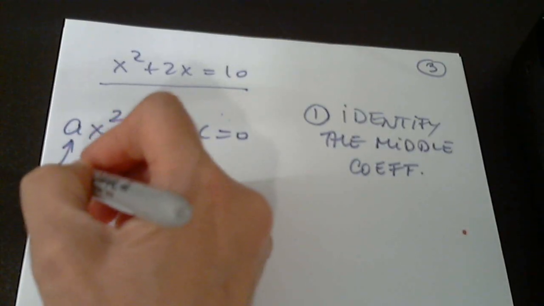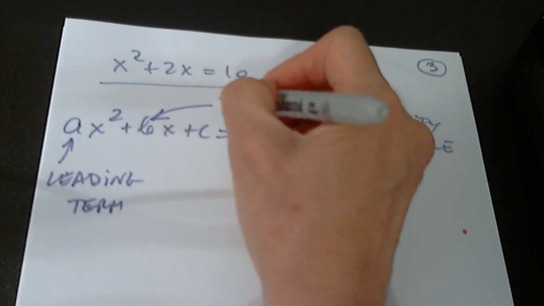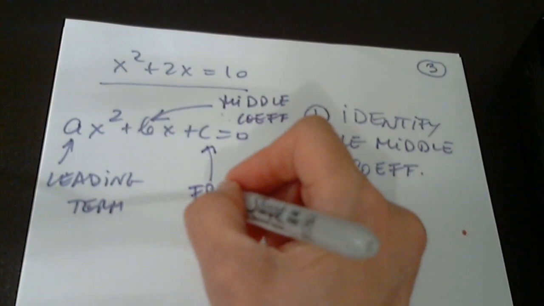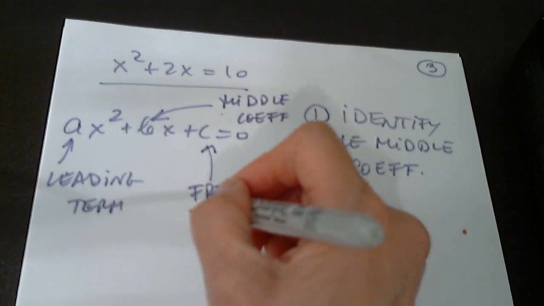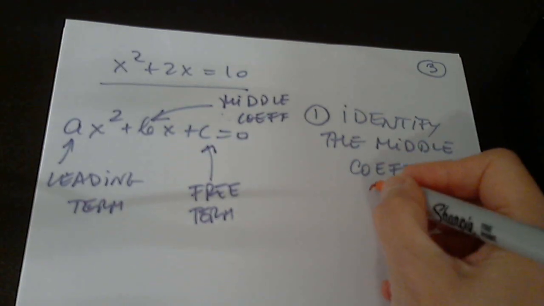This is the leading term. This is the middle coefficient. And this is something called the free term, free of variables. Can anyone identify in our problem the middle coefficient? 2. Excellent. That's our first step.